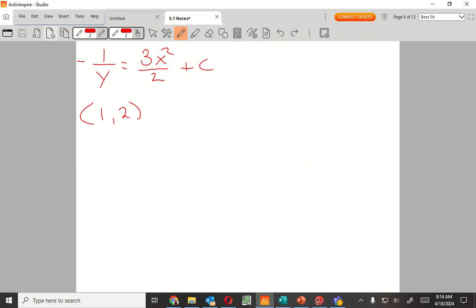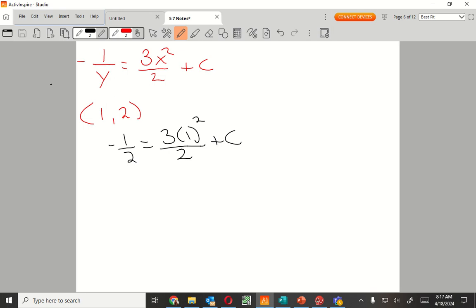Okay. So I'm going to plug in those values. So when I plug in the values, I'm going to get negative 1 over 2 equals 3, 1 squared over 2 plus c. So by plugging in all my variables, when I'm done, all that's going to be left is going to be my c value.